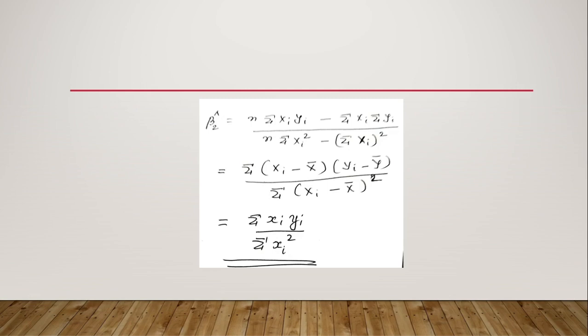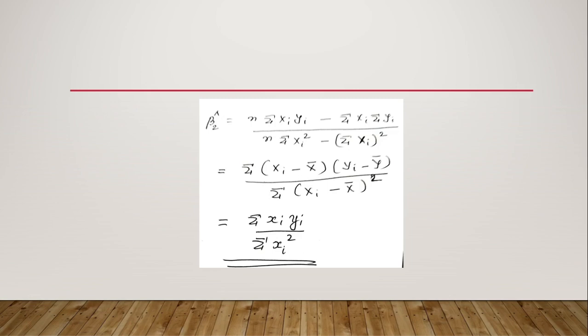In the case of Xi minus x bar, we can write it like this. Here we assume that small xi is equal to capital Xi minus x bar, because the lowercase letter xi is used to denote the deviation between capital Xi and x bar.